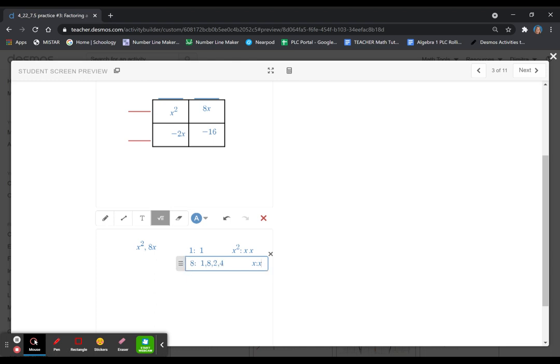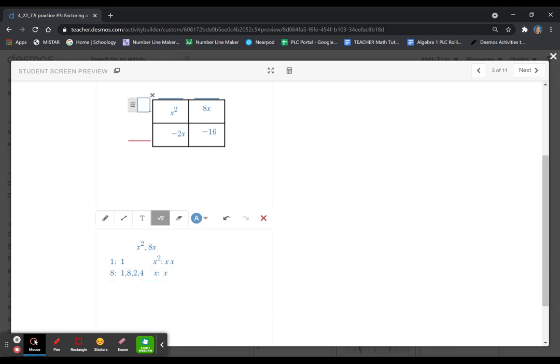Okay, so we're going to see which factors are in common between these two. So if I look at my coefficients, my 1 and my 8, the common factor between both of them is 1.